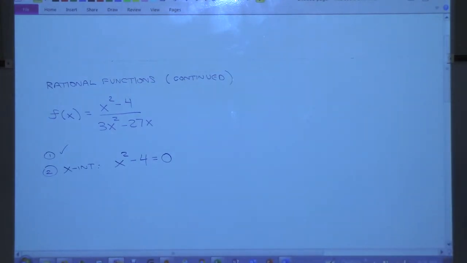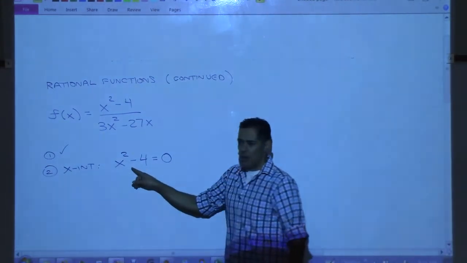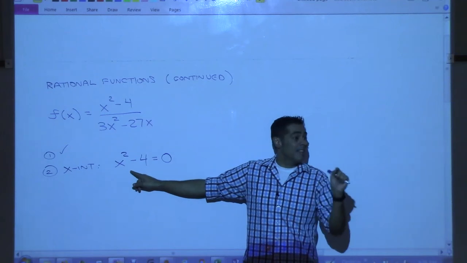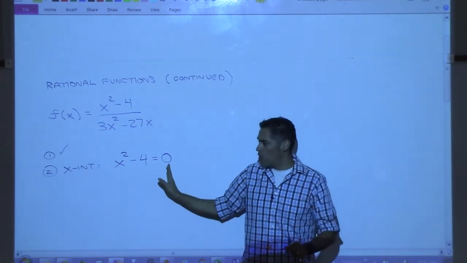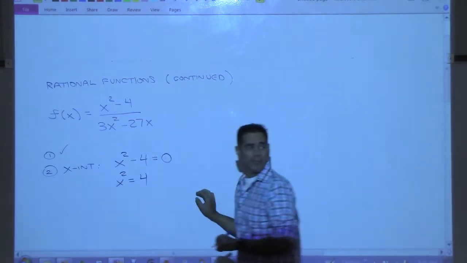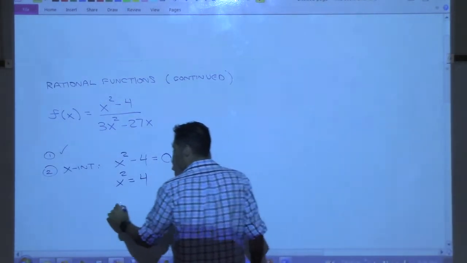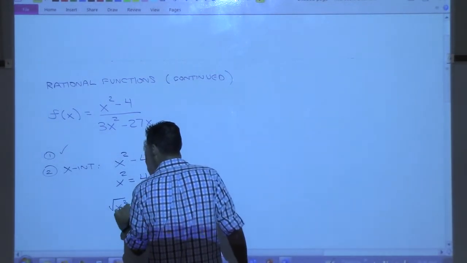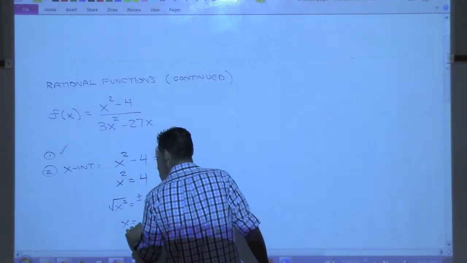You want to move the 4 to the other side? Okay. So this is a quadratic equation. We're missing the x term, so this is one of those special cases. So we're going to move the 4 over. And then what? Square root both sides. Now, very important. When you square root both sides, what do you have to put? Plus or minus. So we actually have 2 answers, right? 2 and negative 2.